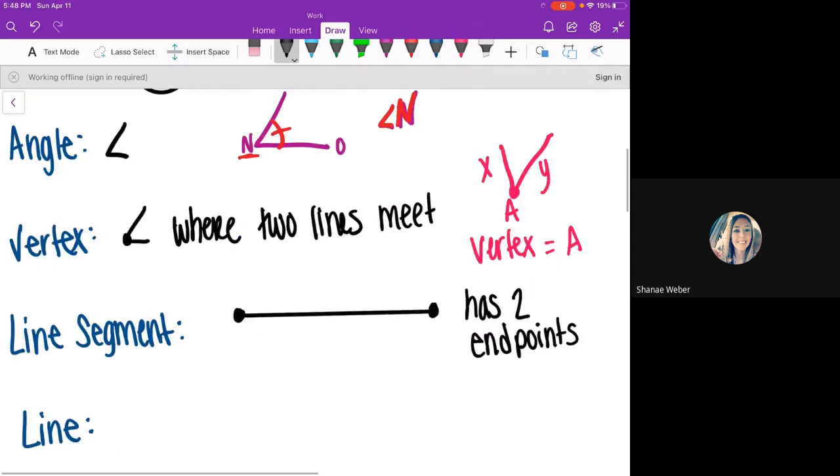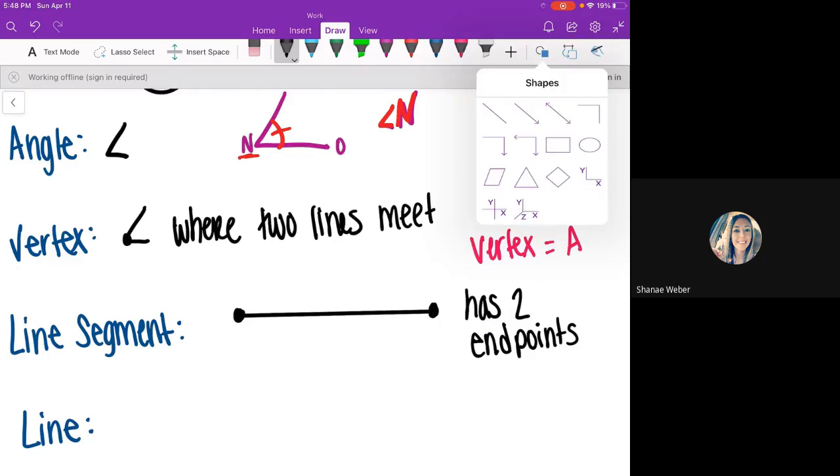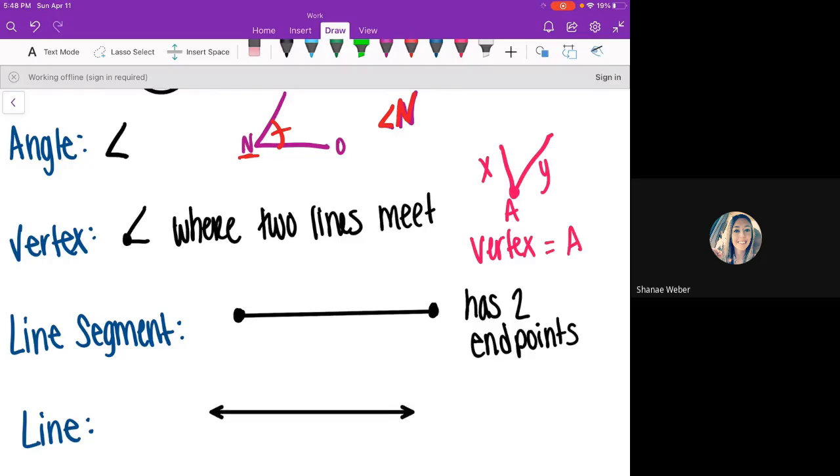And that's different than a line because a line has two arrows. It goes on forever and ever and ever. Has two arrows. But there is a difference there because that line will go on forever and ever. It's not just that long, it keeps on going in both directions. So make sure you know the difference between the two.